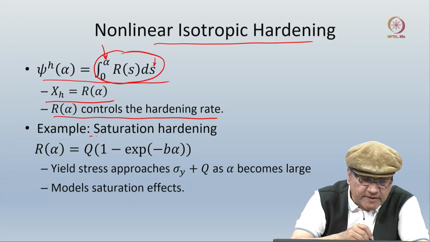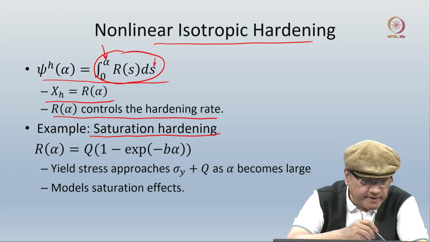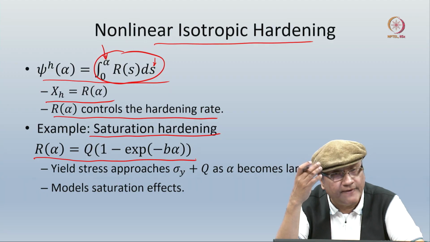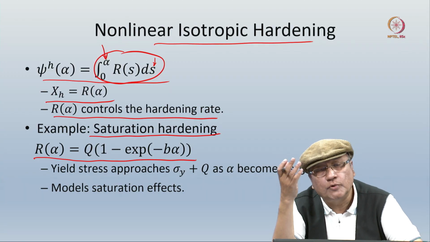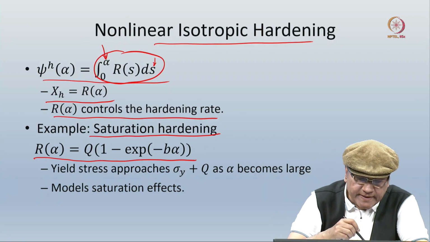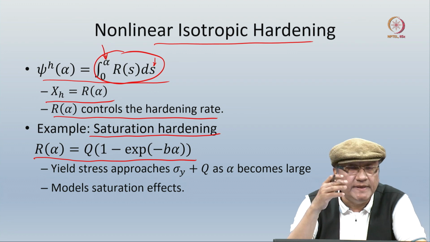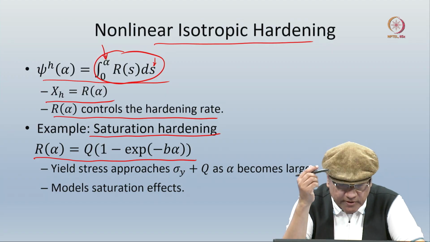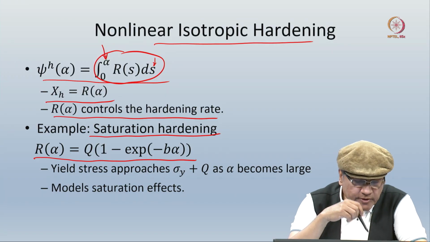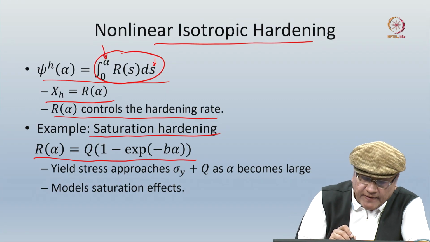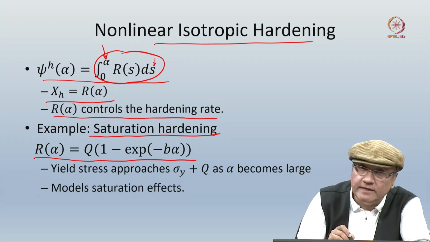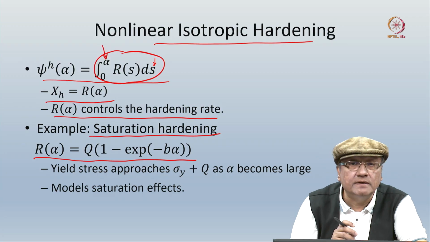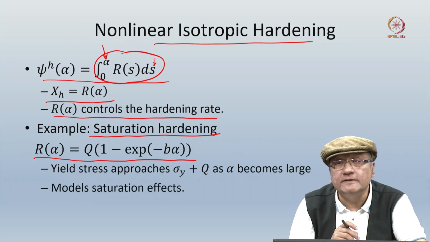This is a specific form which is called the saturation hardening, where r alpha is given here. Q is a scalar positive number, times 1 minus exponential minus b alpha. B is also another material parameter greater than 0. So, you can understand what happens now. If alpha increases indefinitely, then e to the power minus b alpha tends to e to the power minus infinity, which is 0.